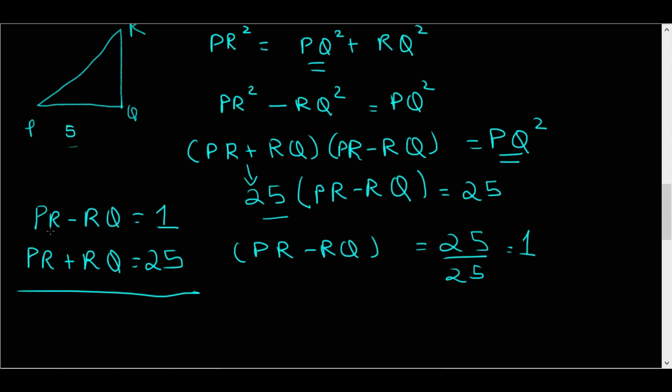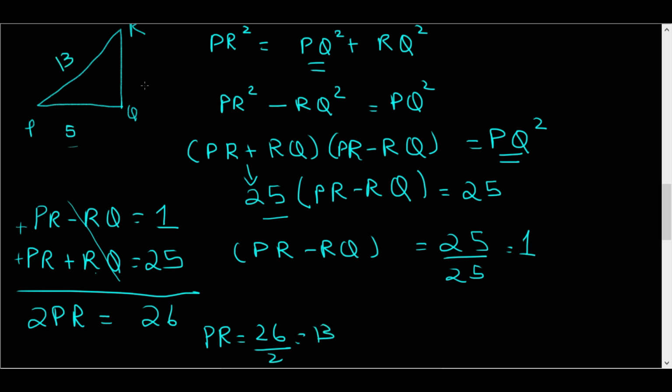I will add these. PR plus PR is 2 PR. Minus RQ plus RQ, they will cancel out. 25 plus 1 would be 26. So PR would be 26 by 2, that is 13. So PR is 13 and I need to find RQ.